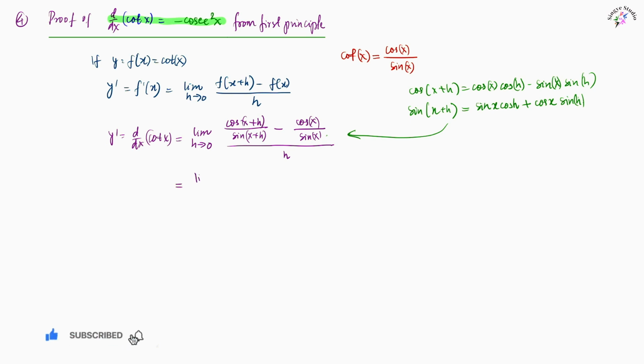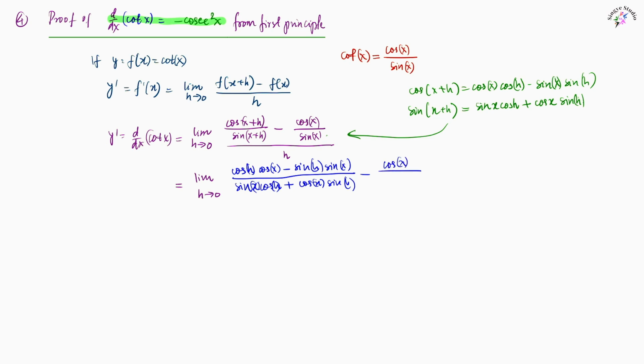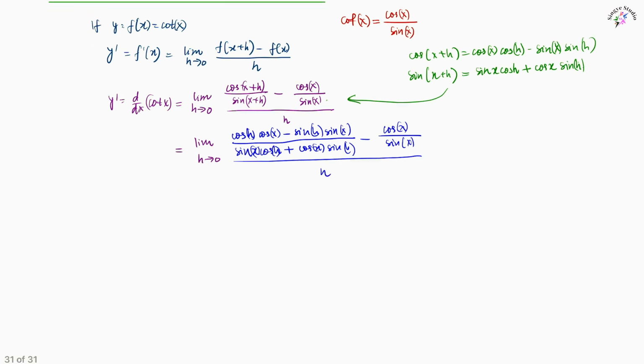Okay, so we will have the limit as h approaches 0 of cosine h cosine x minus sine h sine x divided by sine x cosine h plus cosine x sine h, minus cosine x upon sine x, all divided by h. And now we'll find the common denominator by multiplying this, okay?